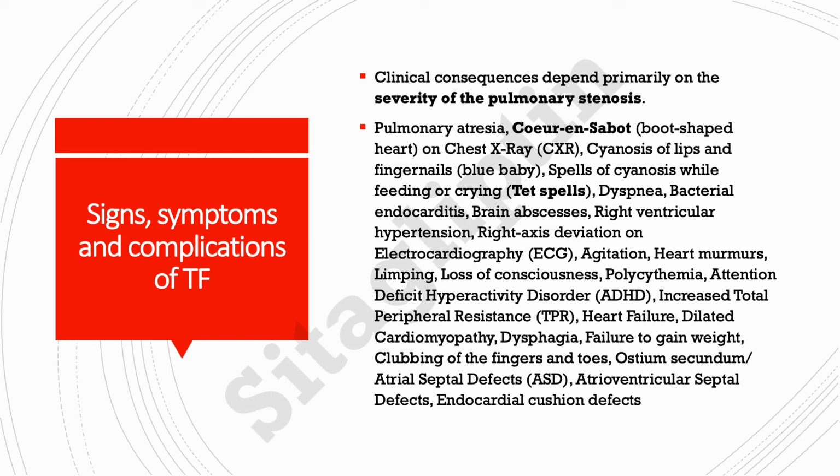The next thing we find in Tetralogy of Fallot is right axis deviation on electrocardiography or ECG. What is right axis deviation? It's a topic of ECG, but yeah, you would find right axis deviation on ECG. We have sometimes agitation, mood swings, heart murmurs, irregular heart rhythms, limping of the baby.